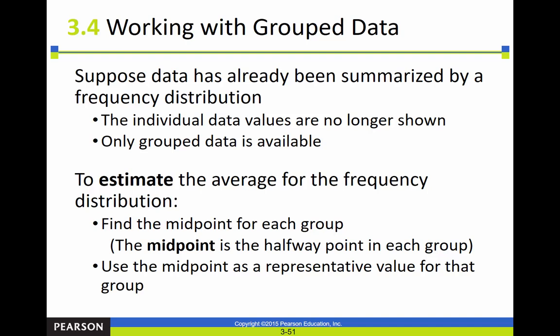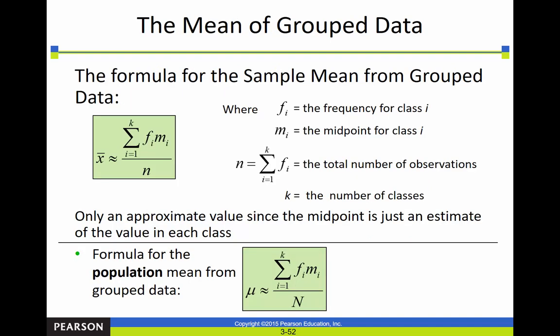So to estimate the average for a frequency distribution, remember we talked about the number of classes that we would divide something into, and then the range each of those classes would cover. So if we want to estimate the average, what we have to do is find the midpoint of each group and use the midpoint as a representative value for the whole group. And then we could get an approximate mean.